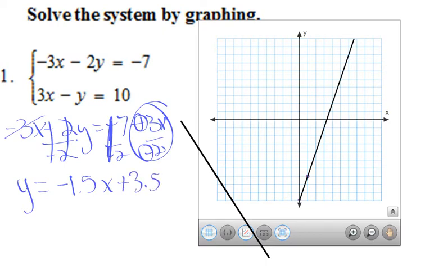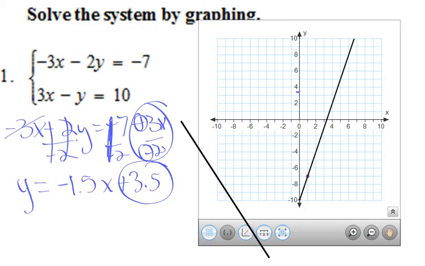Okay, so let's plot this y-intercept. This y-intercept is 3 1/2. So we're going to go up to, let me turn on my numbers, 3 1/2, so about right there. And I've got a slope of negative 1 1/2.